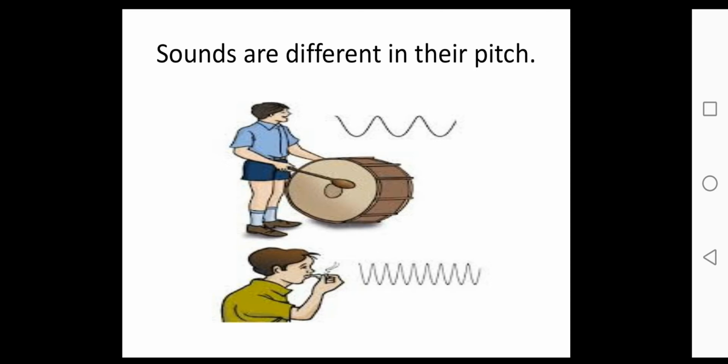Here in the picture we have a drum, someone hitting the drum, and we also have a whistle, right? Here are the sound waves. Do you remember? I told you that vibration creates something like waves, sound waves, right?